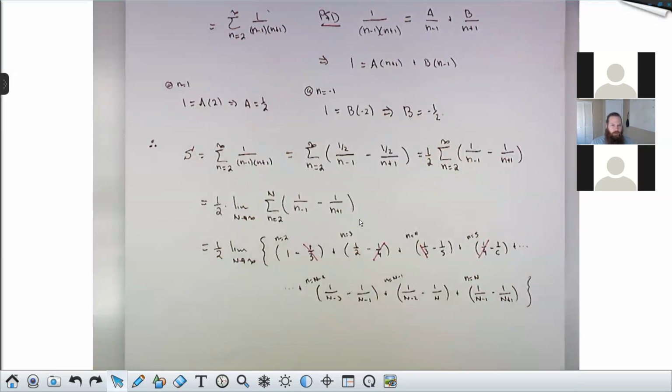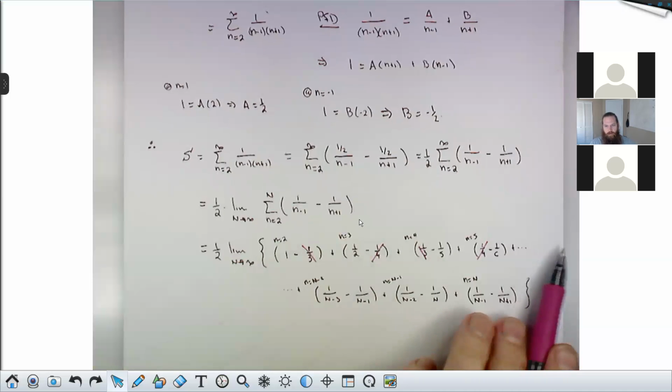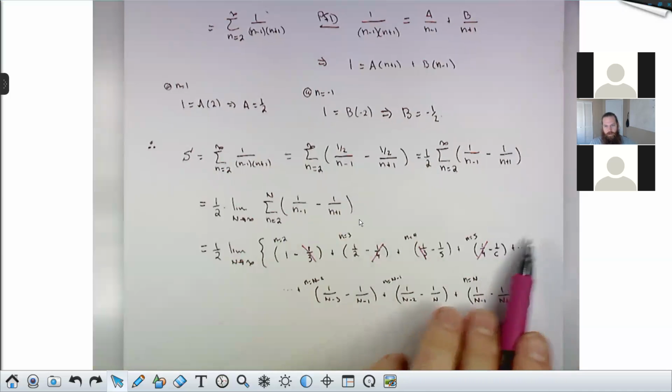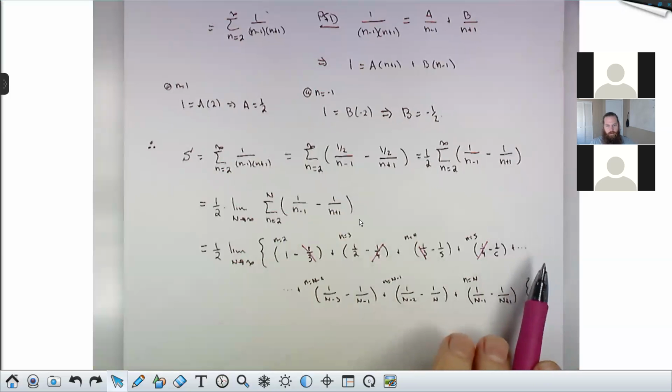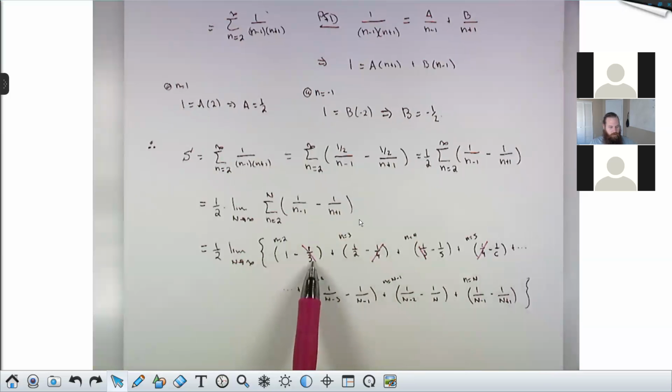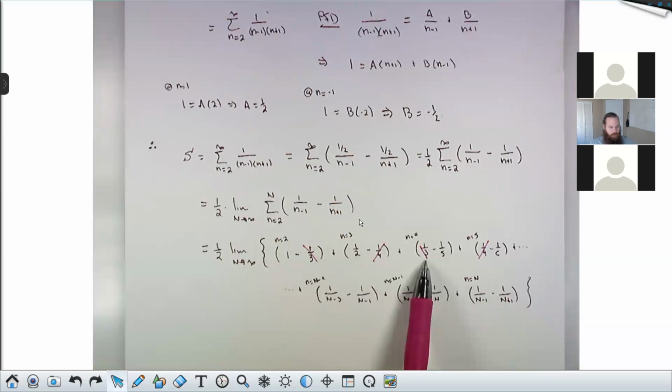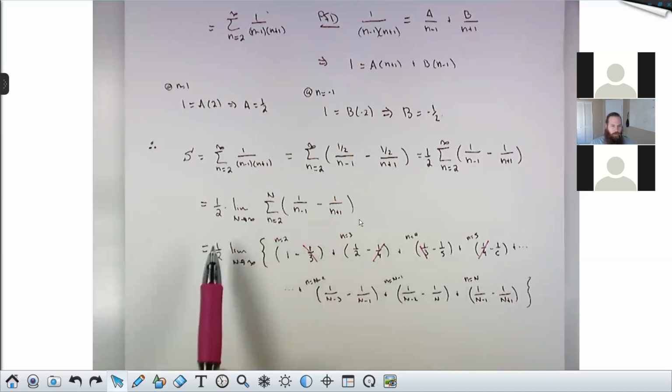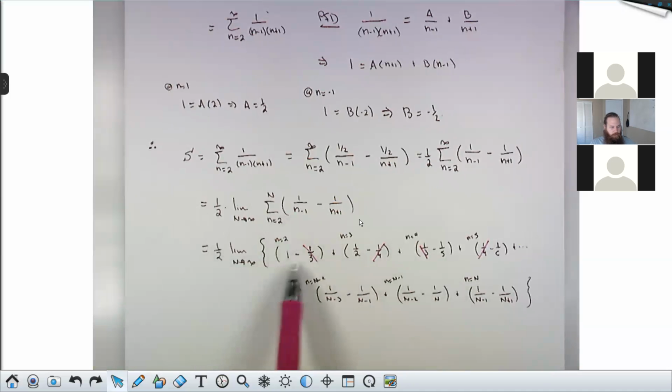So I have to ask myself, does this 1/2 ever get canceled? Is there ever going to be a minus 1/2 in here? I don't see one, so it'd have to be hiding in these dots. But if you think about the pattern, the negative guy gets canceled by the positive guy 2 later, or the positive guy gets canceled by the negative guy 2 before. But there is no guy before here because the series starts at n equals 2.